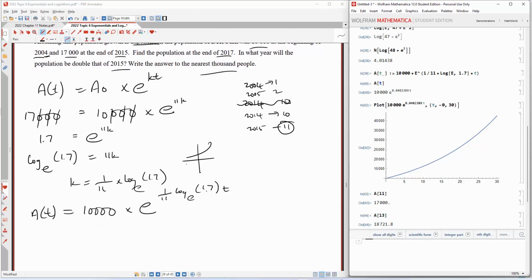Write your answer to the nearest 1,000 people. So A of 13 equals 18,721.8 and so on. To the nearest 1,000 people means round to the nearest thousand: units, tens, hundreds, thousands.